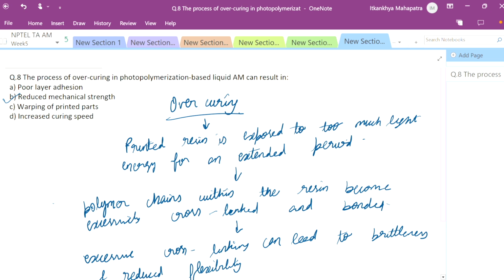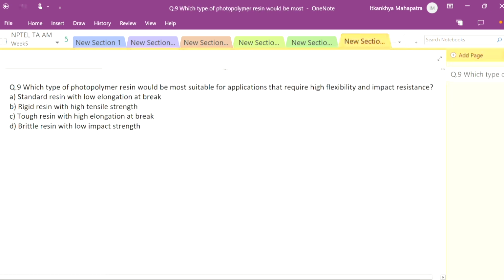Now, the next question. Which type of photopolymer resin would be more suitable for applications that require high flexibility and impact resistance? The options are: standard resin with low elongation at break, rigid resin with high tensile strength, tough resin with a high elongation at break, and brittle resin with low impact strength.